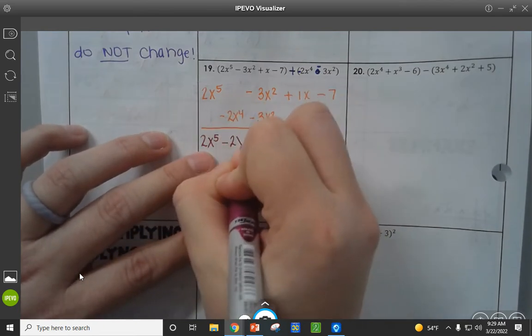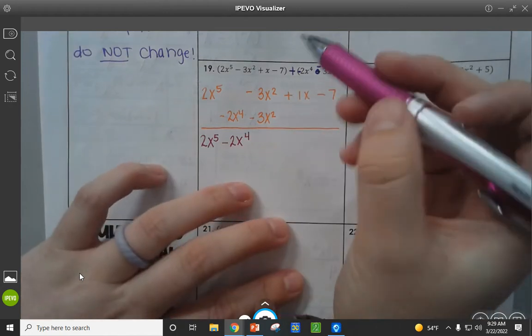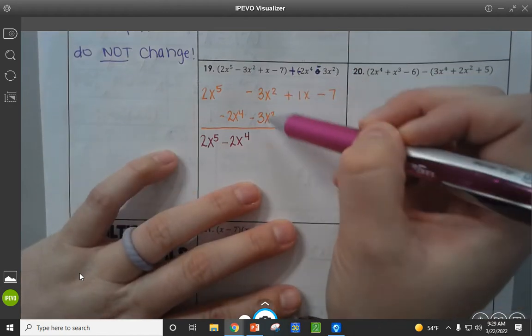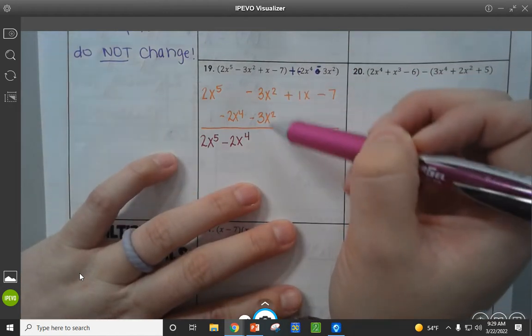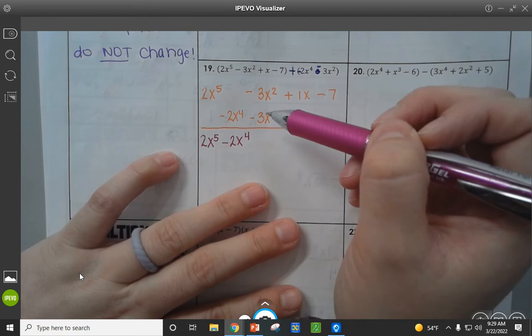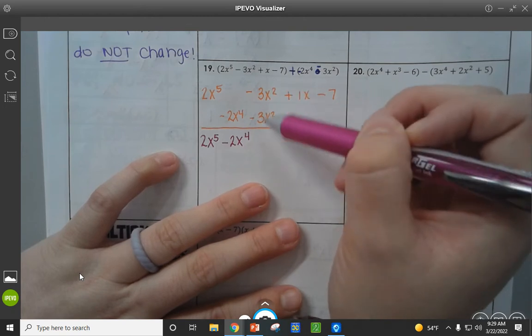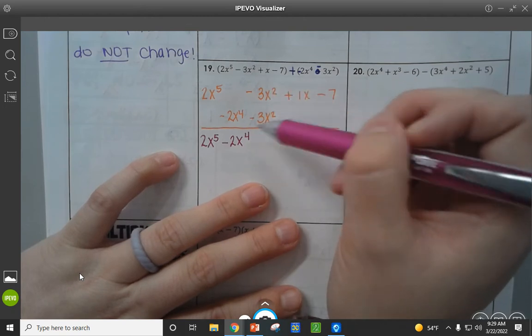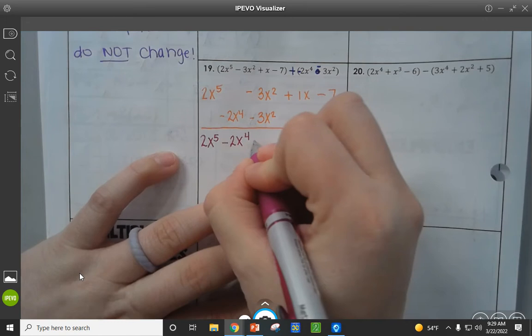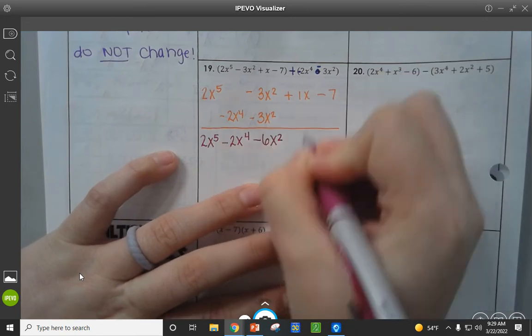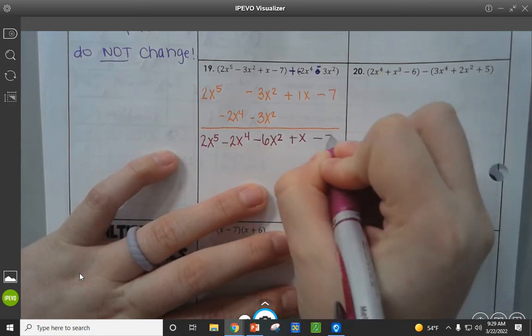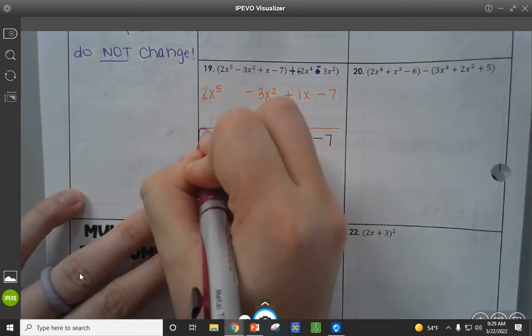I have a minus 2x to the fourth. How many x squareds do I have? Well, I have 2 things of them, but negative 6x squared plus x minus 7.